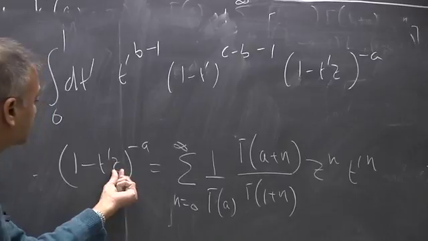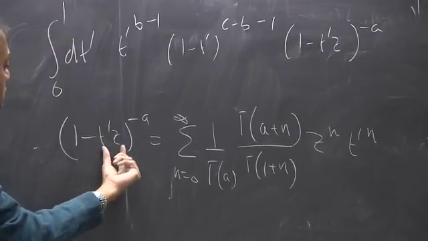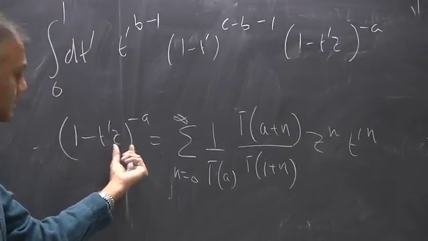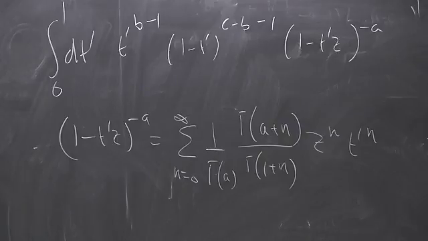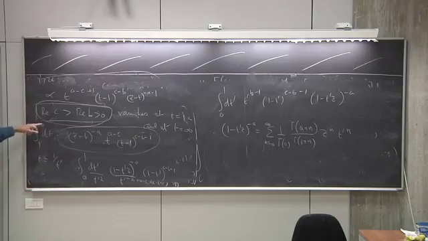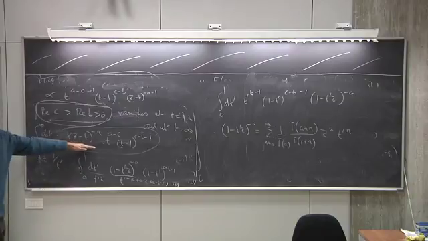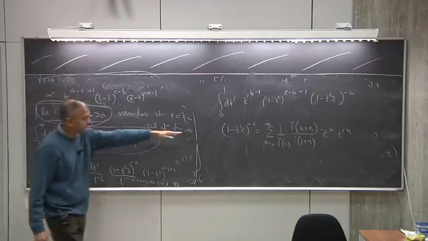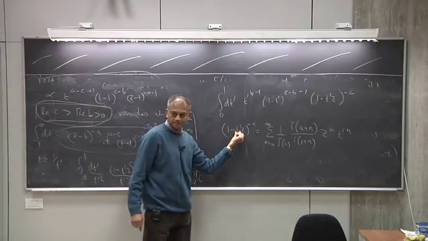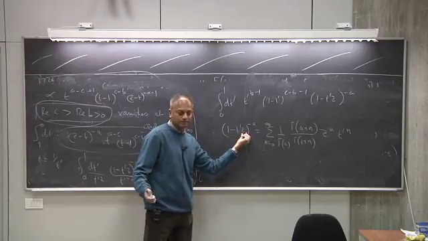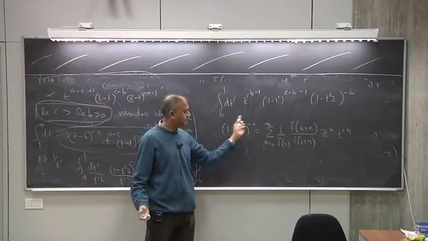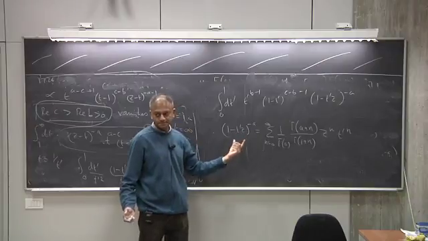You see, z is small, t prime is anyway between 0 and 1, so this quantity is also small, right? I couldn't do that in the original integral because t was large; this is more convenient, you see. Now t prime is between 0 and 1, and I'm taking z very small. So this product is also small, so you can make an expansion of this whole thing together.